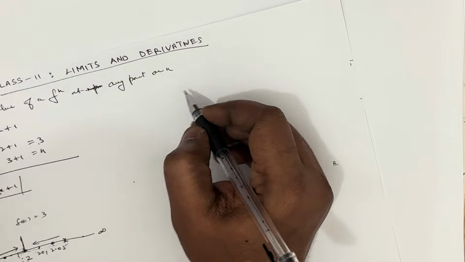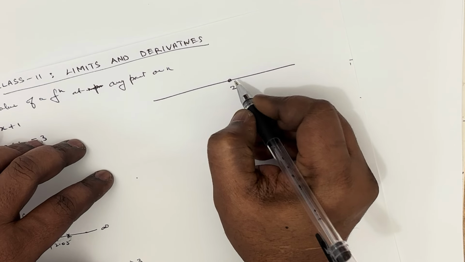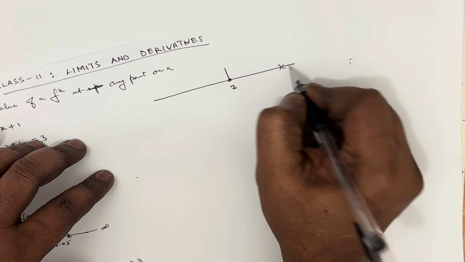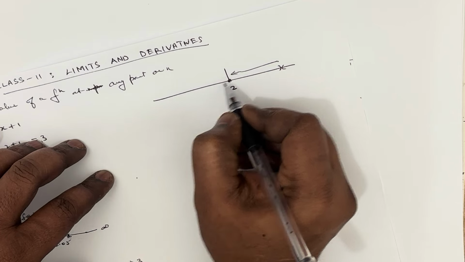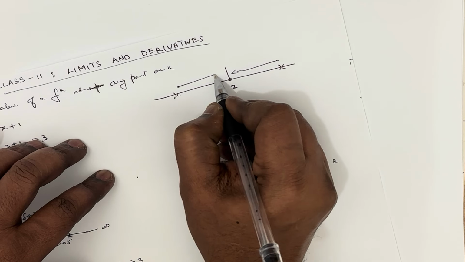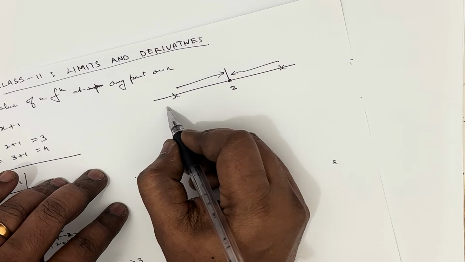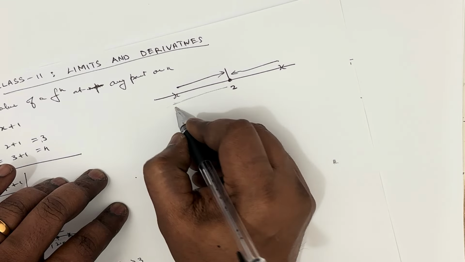Now say this is the point where x is 2, and x is approaching 2 from the right side and from the left side. This limit is called the left hand limit.